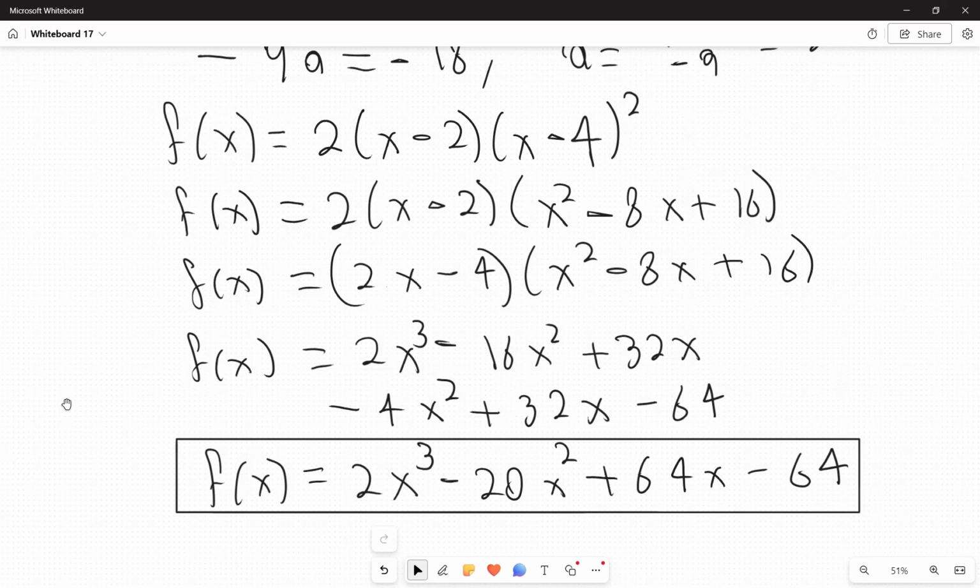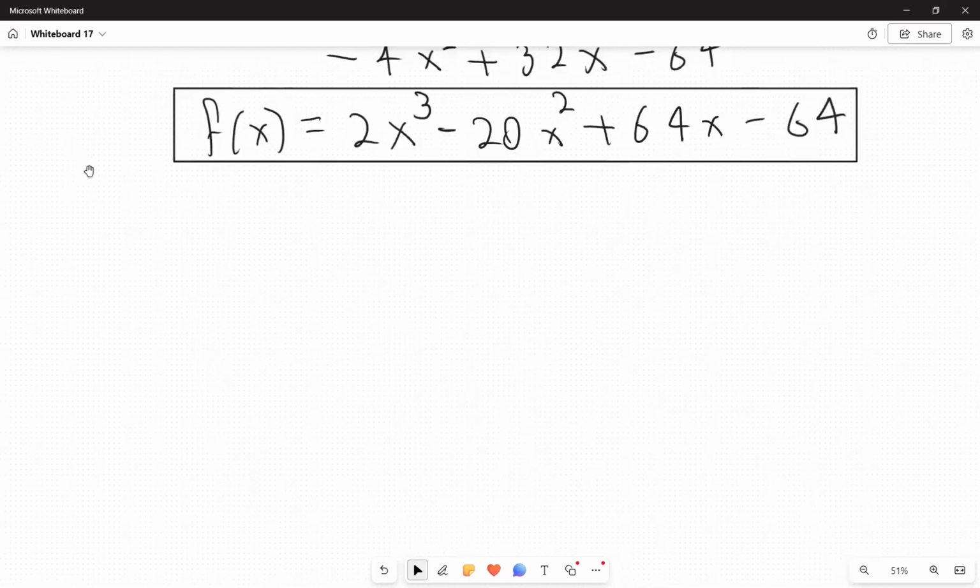And I'll do 2 other examples about writing a polynomial with the given conditions. Not necessarily polynomials of third degree.